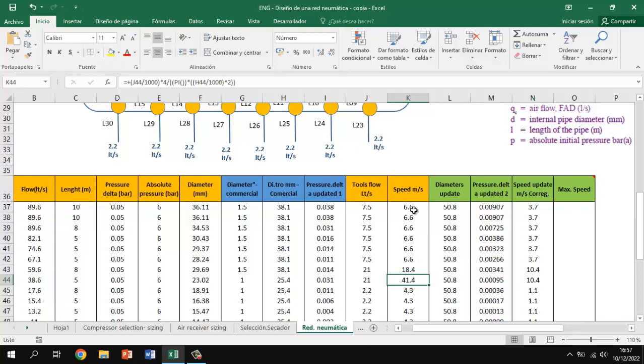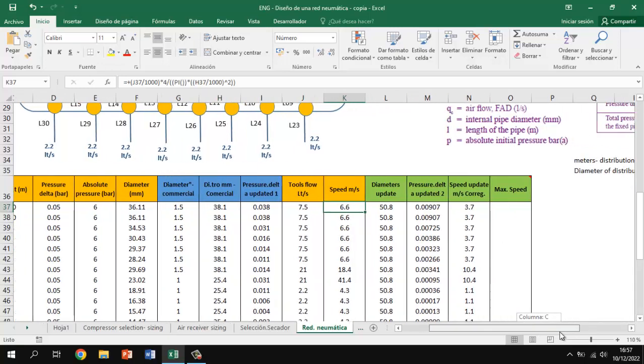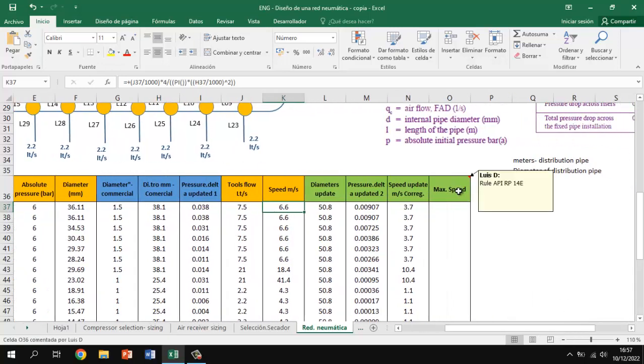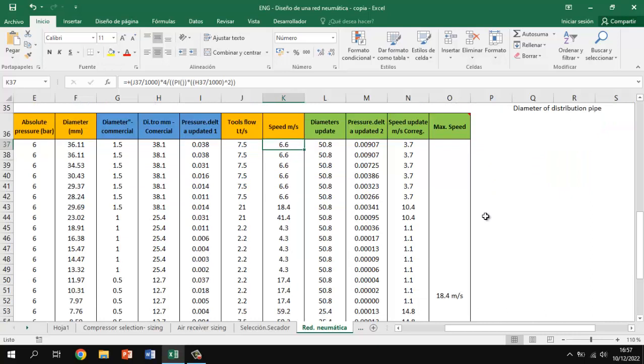But there's a rule for API, I don't remember the number, API 14, that tells you that the maximum speed could be 18.4. The reason for this rule is to have better control of the turbulence of your flow.